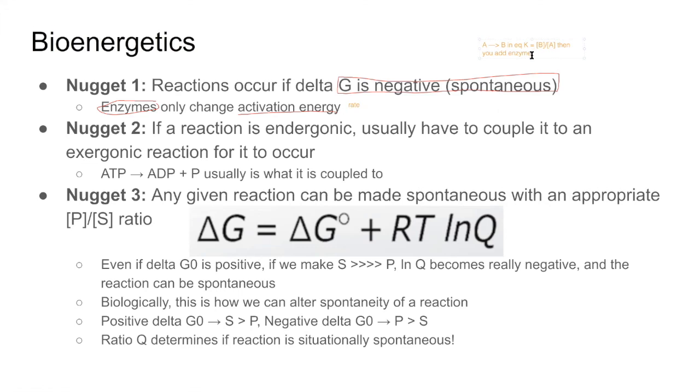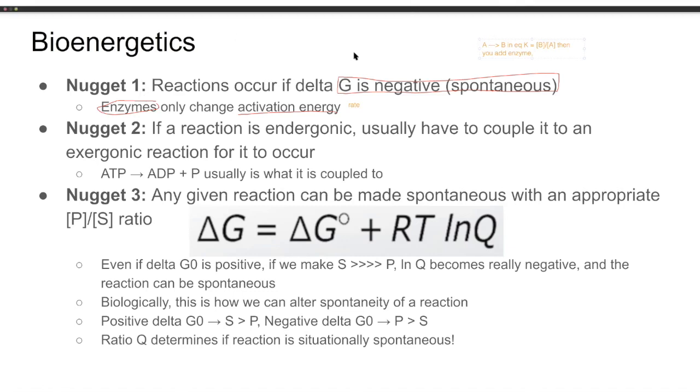The enzyme should not change equilibrium because enzymes only change the rate, not the final concentrations. So make sure you guys remember that. It's a simple thing, but it's a trick question in the middle of an exam, you're very stressed, you're very tired, you're finishing the exam. And then we'll ask you a question, I add an enzyme, will I produce more product? If I'm in equilibrium, the answer is no. So I hope nugget 1 is good.